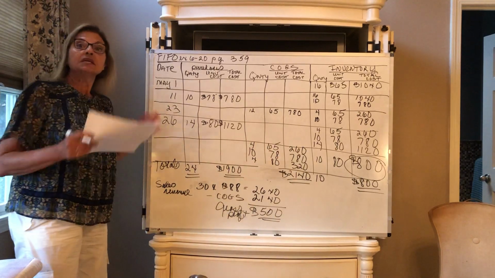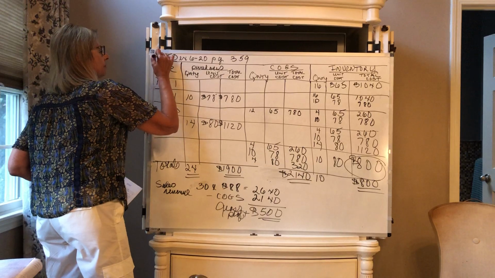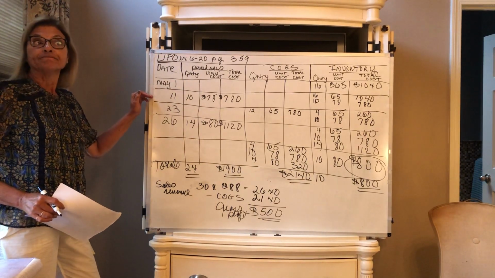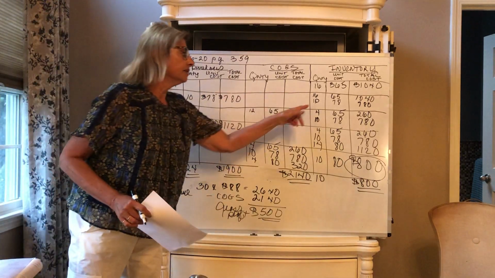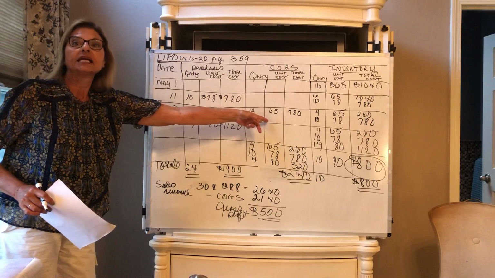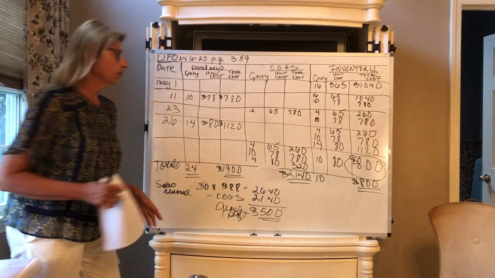We're going to do the same exact one, but this time we're going to use LIFO, requirement 2. First two are going to be the same. The beginning balance and the first purchase. This is where it differs, the first sale. Right? Last in, first out.